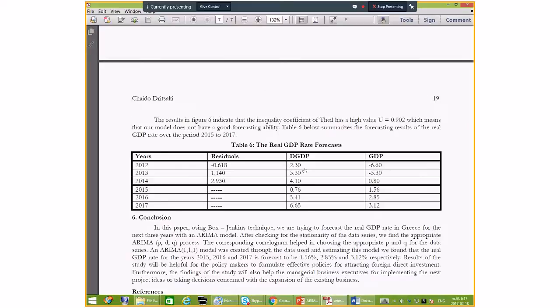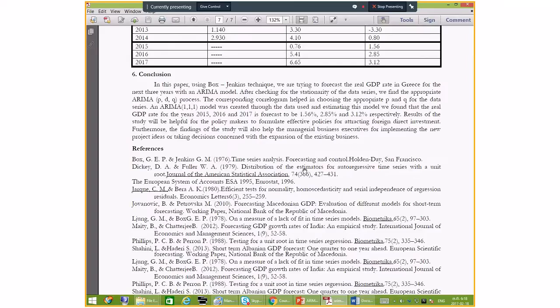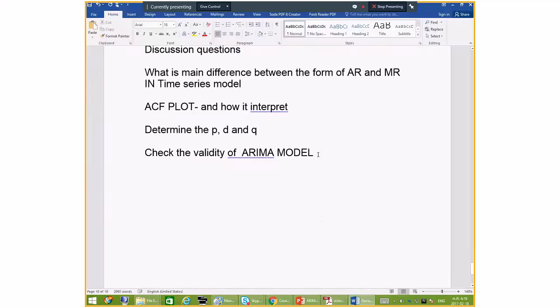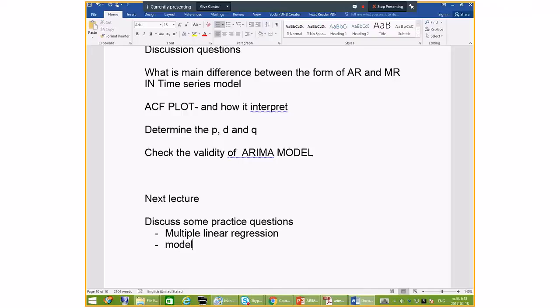At the beginning, we start from multiple linear regression, then checking the model efficiency.